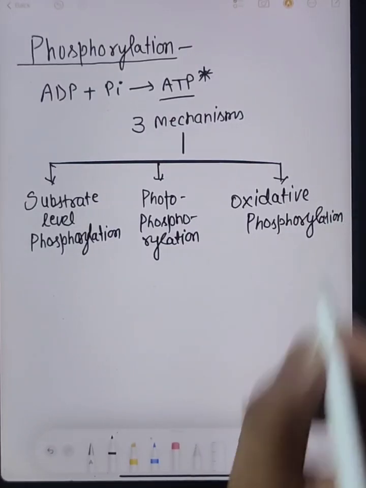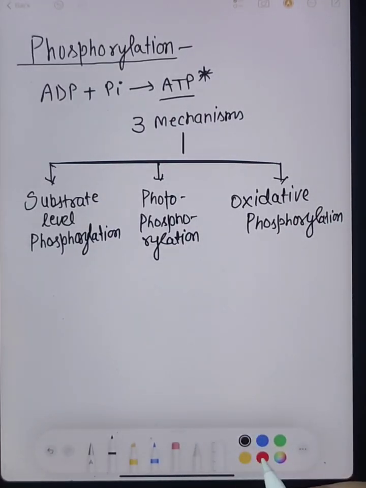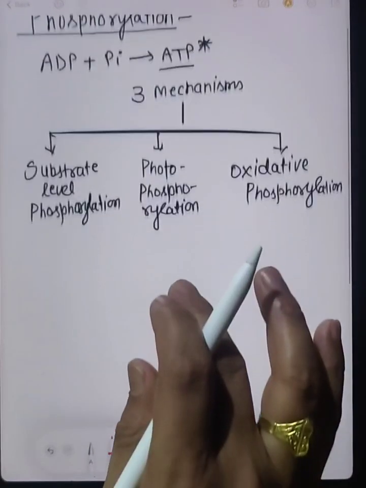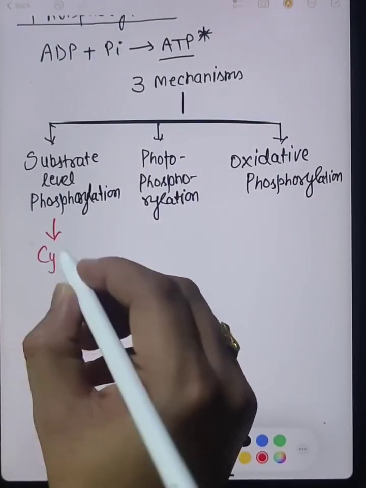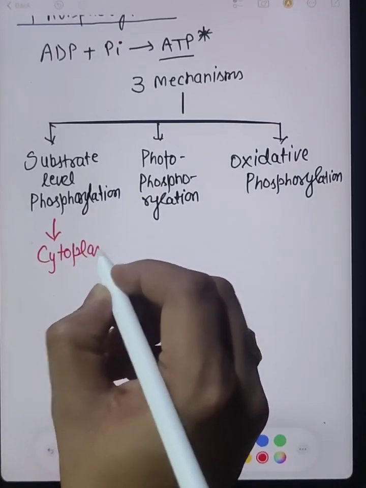These phosphorylations are very important concepts. Substrate level phosphorylation takes place inside the cytoplasm.